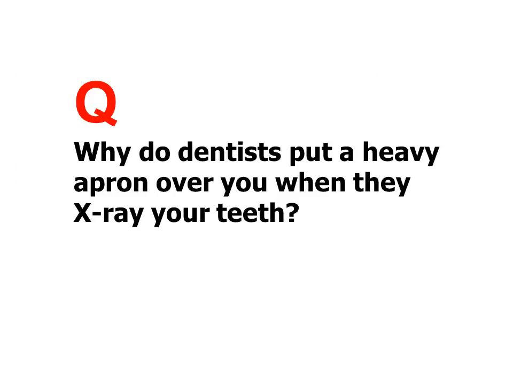So why is it that dentists put that heavy apron over you when they x-ray your teeth? That's because ionizing radiation, such as x-rays, is radiation with enough energy to disrupt atomic structure. That would include the atoms in your chromosomes, so it can break apart chromosomes by removing the electrons.